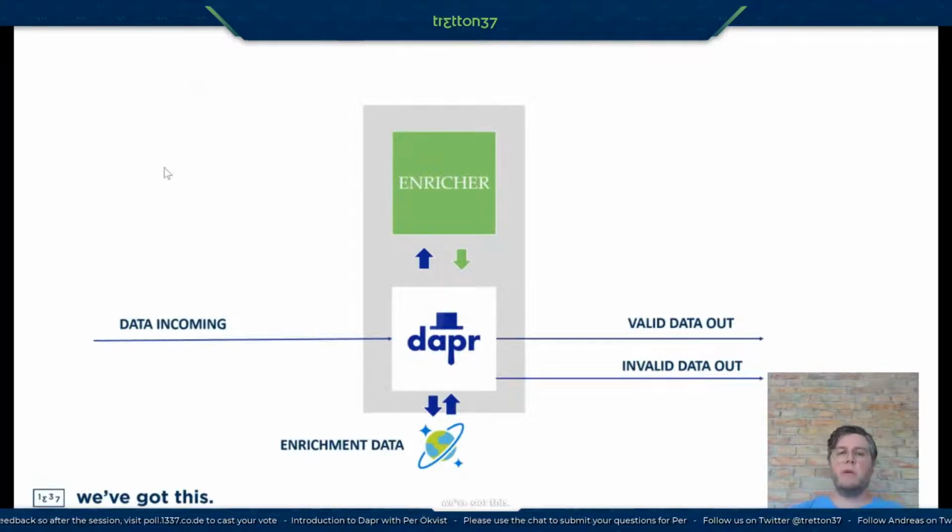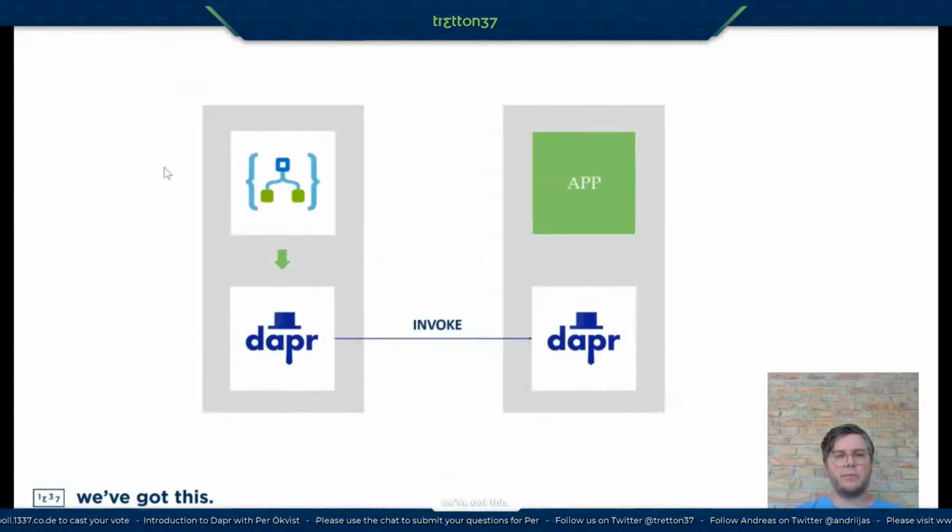So you just write an application that invokes an endpoint on incoming data, utilizes the state API to get that data, and then you have this railway system out that you could push valid data through one binding and invalid data out to another binding. So now you have abstracted away everything about the distribution of your enricher, utilizing Dapr for both bindings and state in this case. And this is a quite common scenario.